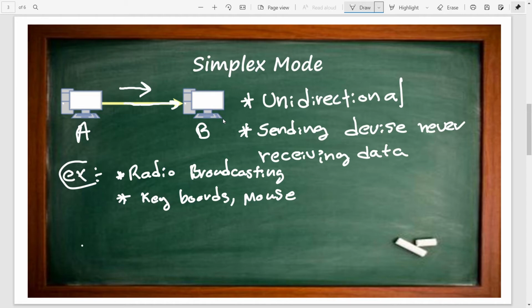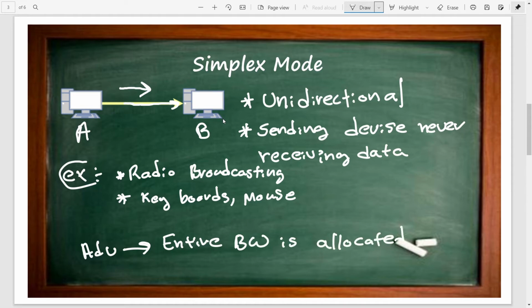As an advantage, we can mention that the entire bandwidth is allocated for data communication. The entire bandwidth of this physical medium is allocated for one data communication process. So that is an advantage of Simplex mode.